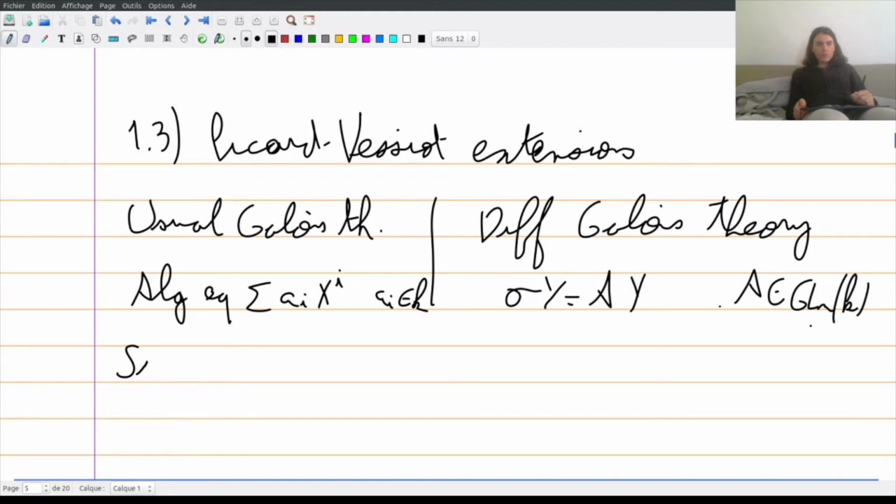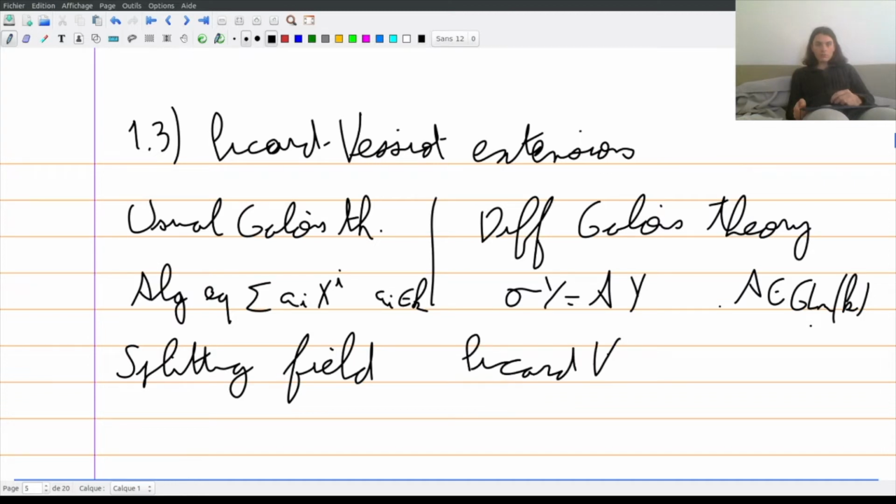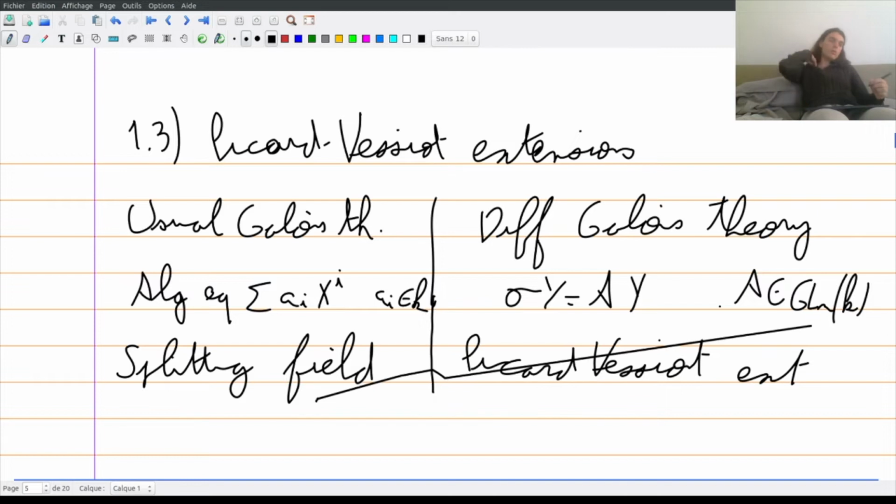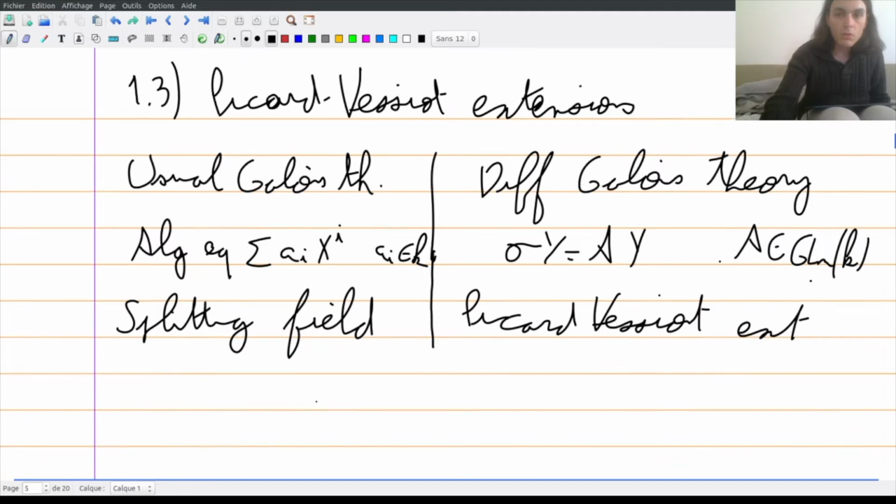And so there is the analogue of the splitting field, which is a field that contains a solution. Here it will be a Picard-Vessiot extension, a set where you can solve your system. But unfortunately, as we will see, we will not find a field, but just a ring.